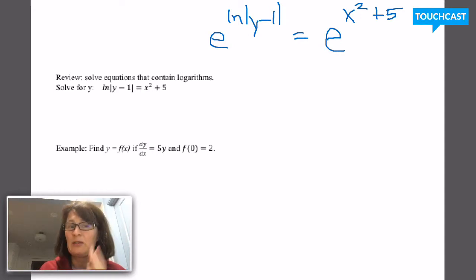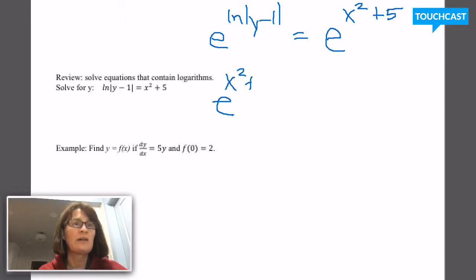Another way to think about it, which you might remember from your study of logarithms earlier, is rewriting that equation in exponent form. So that says the natural log, so log base e of absolute value of y minus 1 is equal to x squared plus 5. If that's logarithm form, then exponent form says e to the x squared plus 5 is equal to the absolute value of y minus 1.